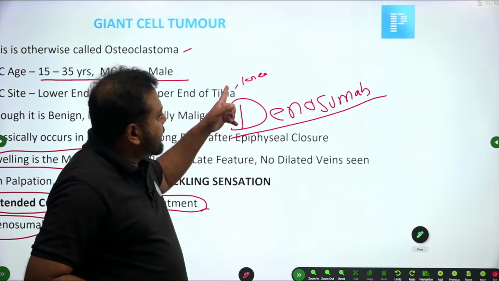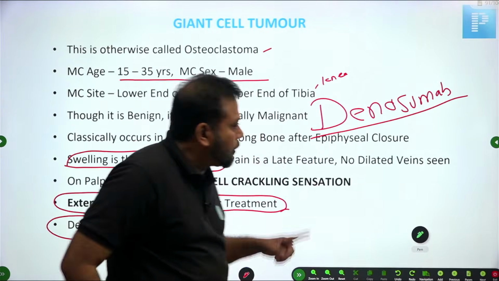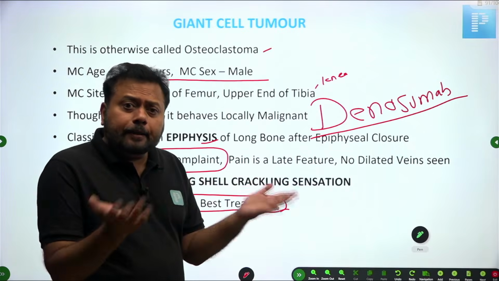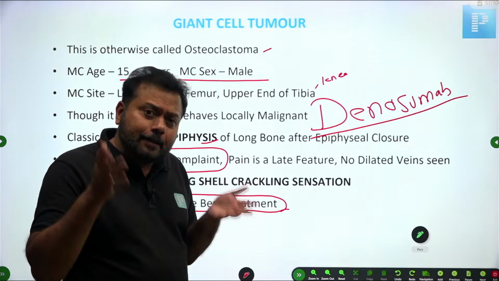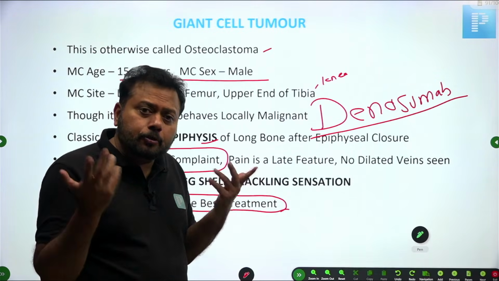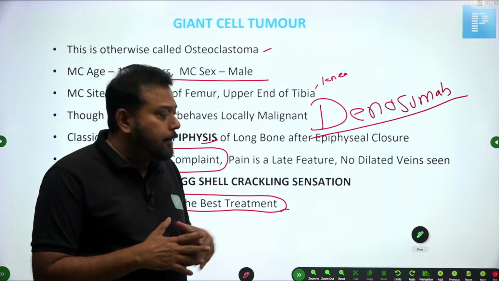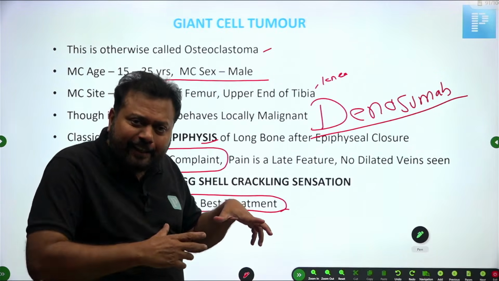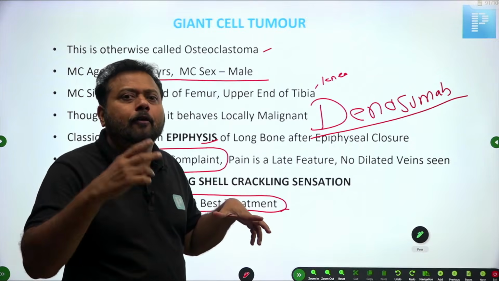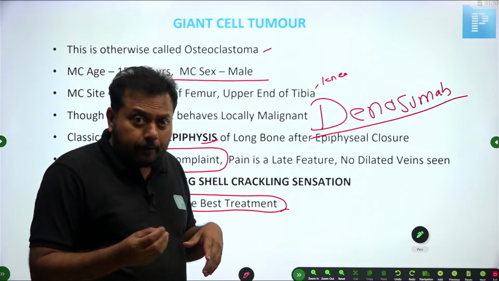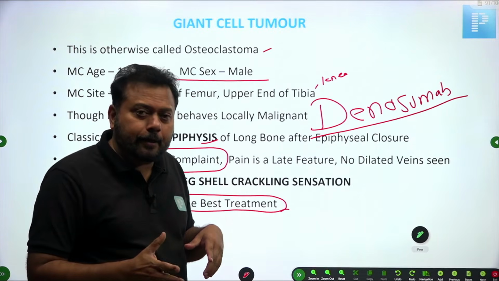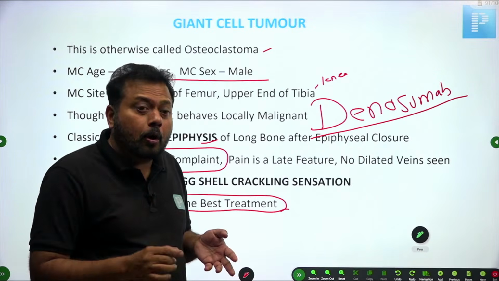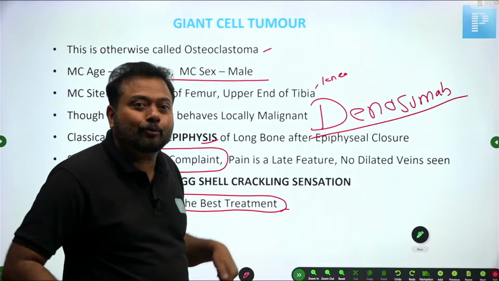Giant cell tumor is otherwise called osteoclastoma. Increased osteoclastic activity is the problem in giant cell tumor. Denosumab is a drug which increases the maturation time of osteoclast. When you give denosumab injection, it increases the maturation time of osteoclast, so osteoclastic activity comes down.